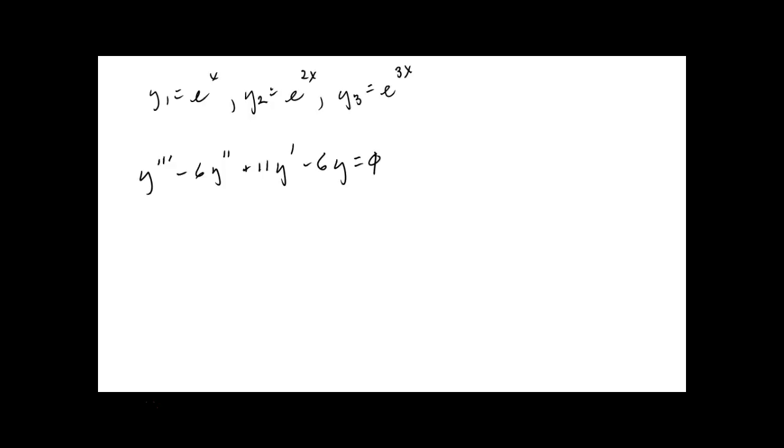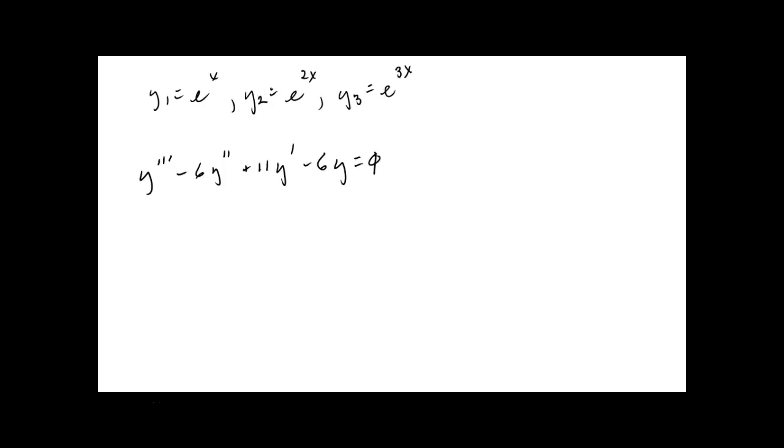So that's minus 54 plus 27. That's a minus 27. 11 times 3, 33. So minus 27 plus 33 is positive 6 minus 6, 0. Yes, those 3 work.